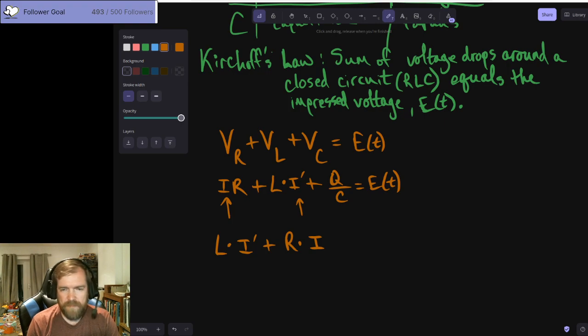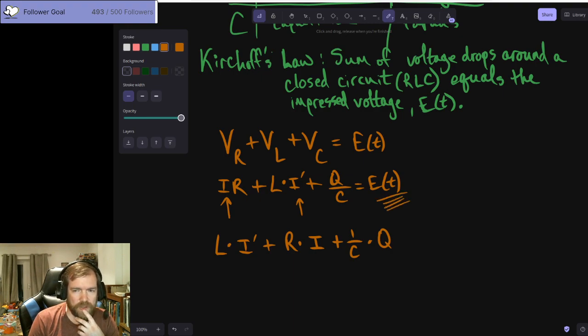I'm going to keep Q because Q is its own function. It is not going to be a function only of the independent variable. See why in just a second.